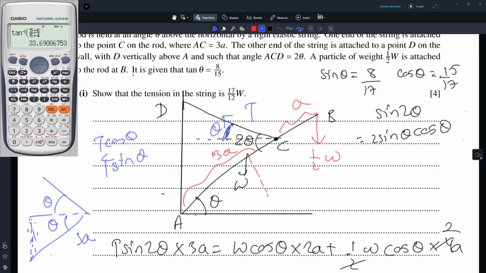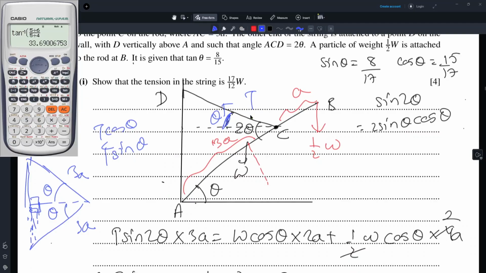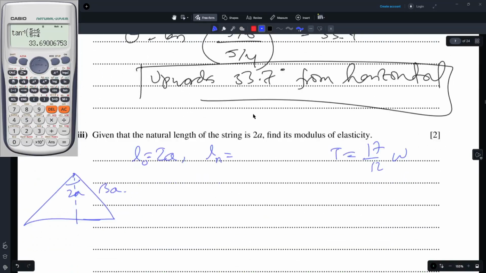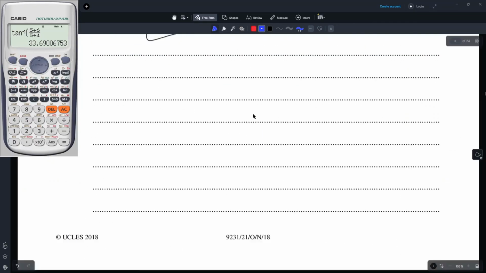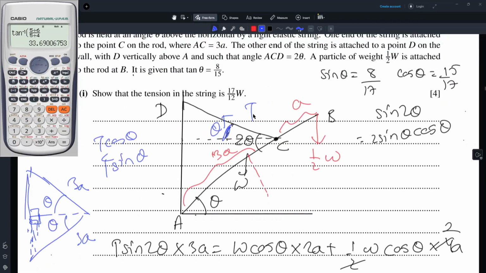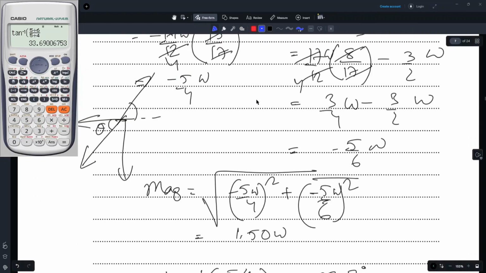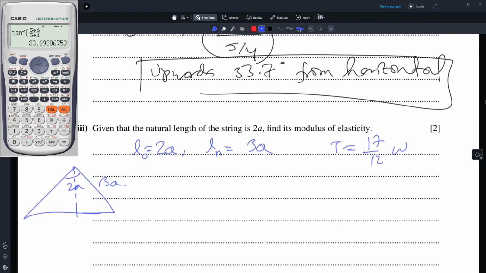Because both of them have the same angle theta and the same adjacent, the hypotenuse length is also going to be equal. So it means that the final length is supposed to be 3a. So if this is 3a, then extension is supposed to be a.